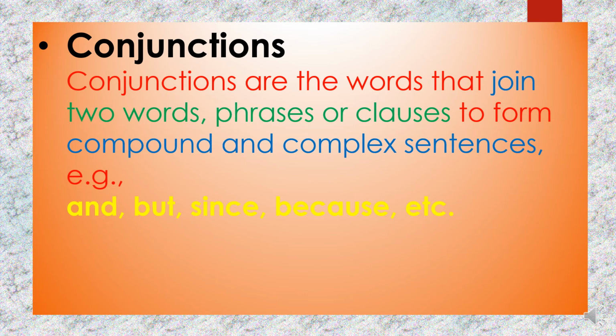Compound, complex and simple sentences we will study in the next chapter. But you should know that the words used to join sentences, phrases or clauses are known as conjunctions. See example: and, but, since, because, etc.